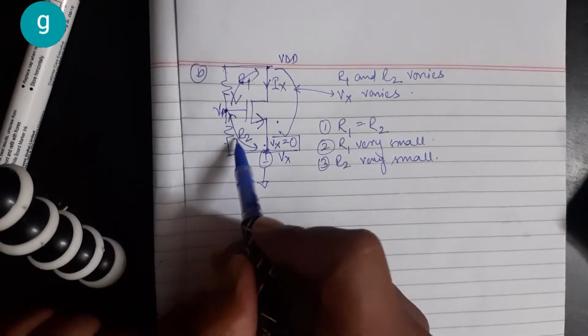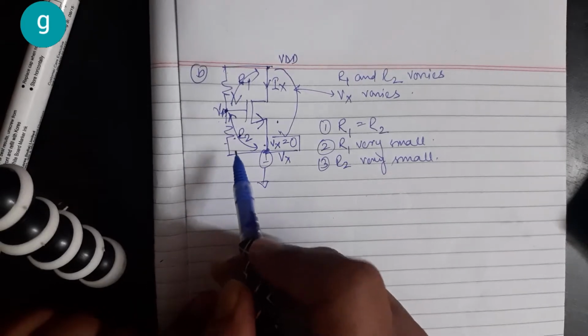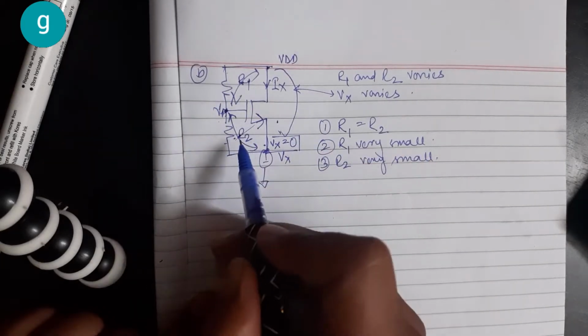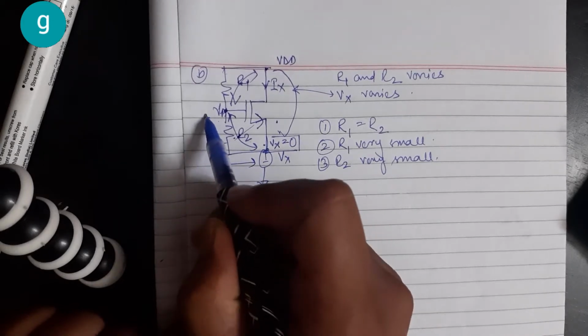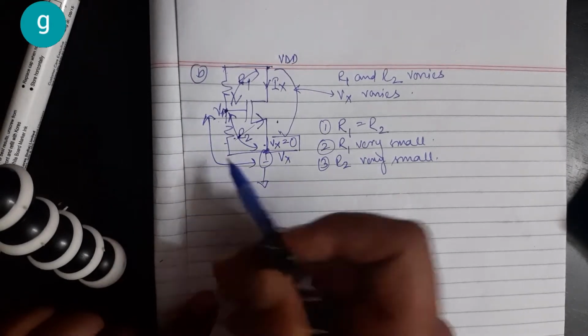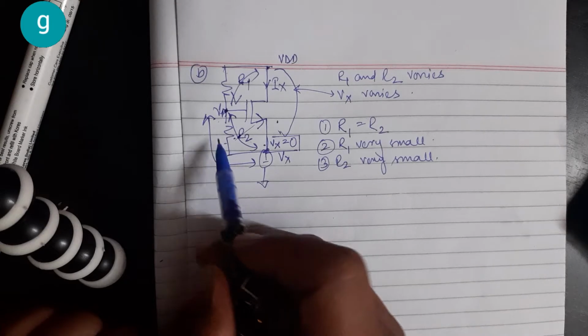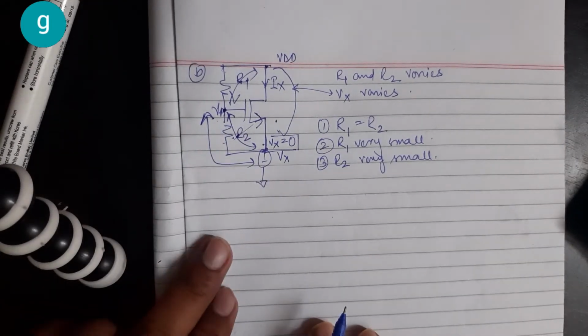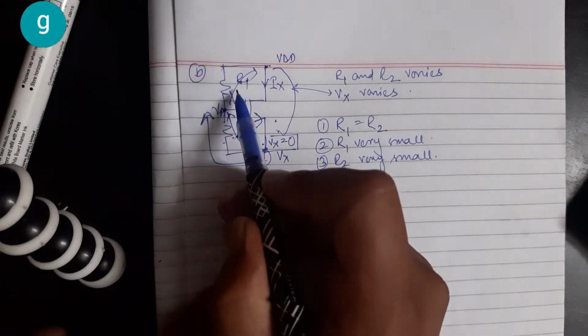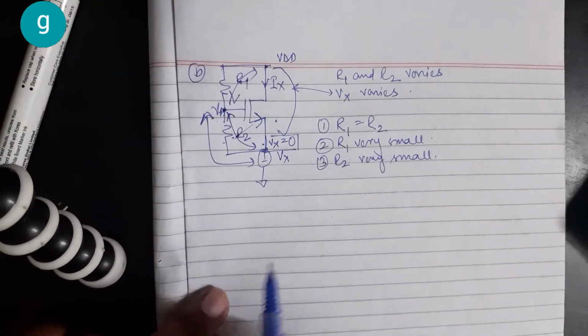Now what happens when R2 is very small as compared to R1? When R2 is very small, the voltage drop across the gate source junction is 0, and since it's 0, the transistor is not on. So when R2 is very small, the transistor is off. When R1 is very small, the transistor is on.